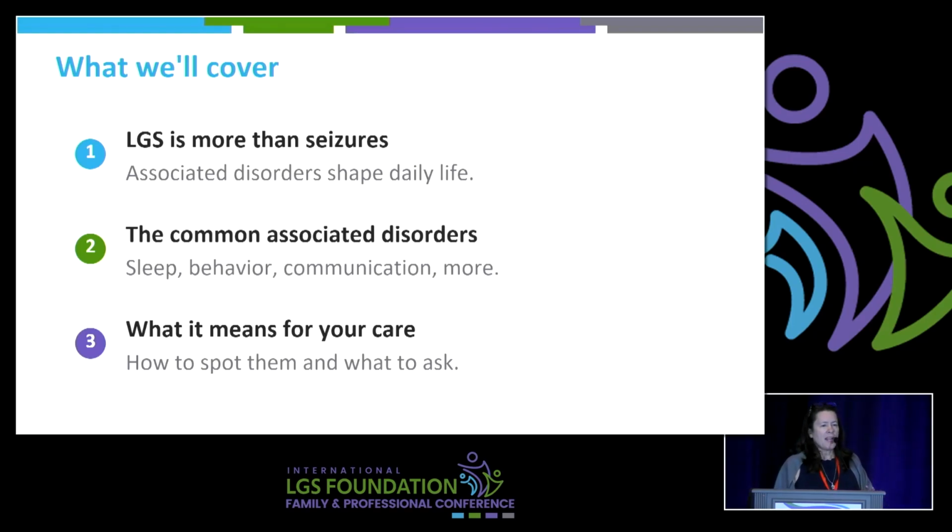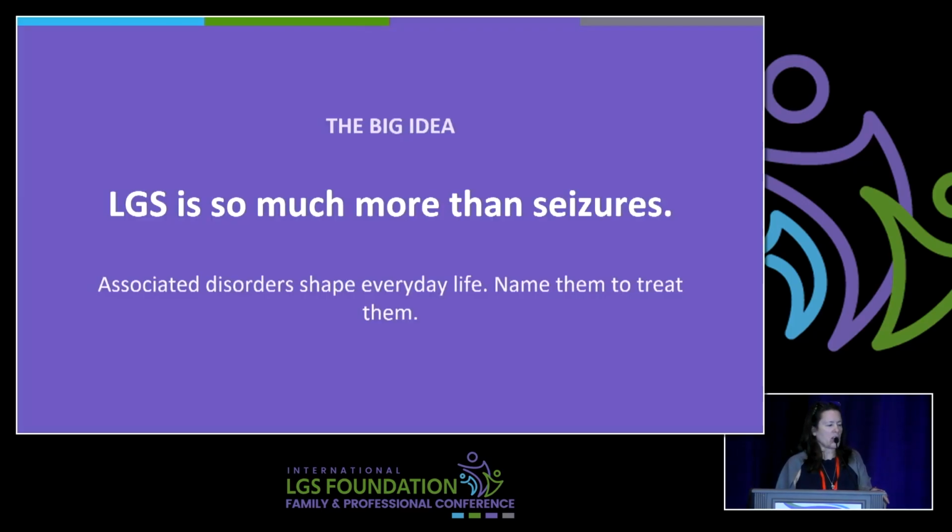What do we ask? Up until this moment in history, we have been exclusively focused on treating the seizures. We knew all these things were problems, but we were trying to understand what LGS was and focusing on the seizures, and that is going to change. It is so much more, and we're now ready to start naming the LGS-associated disorders so that we can treat them.